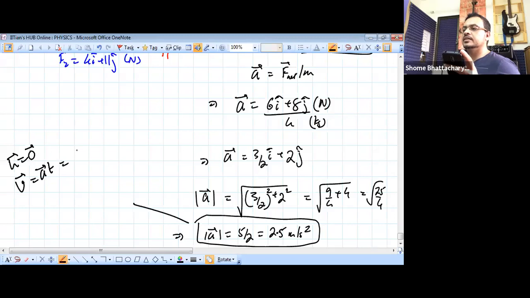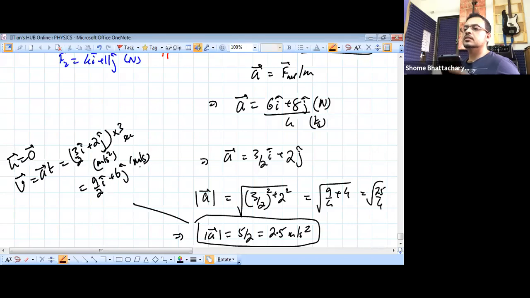As a vector, it will become 3 by 2 i cap plus 2 j cap into the time, 3 seconds. So this will become 9 by 2 i cap plus 6 j cap in meters per second. That will be the velocity as a vector quantity.